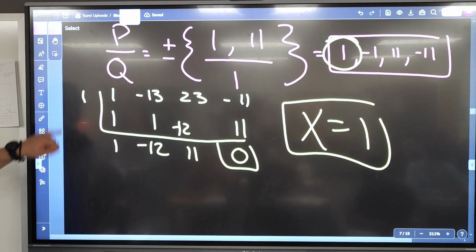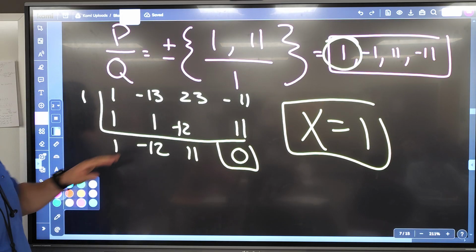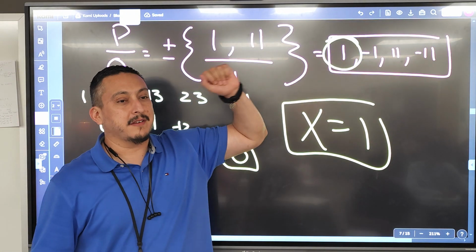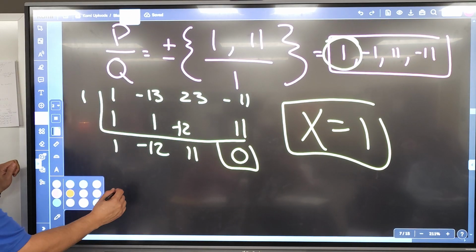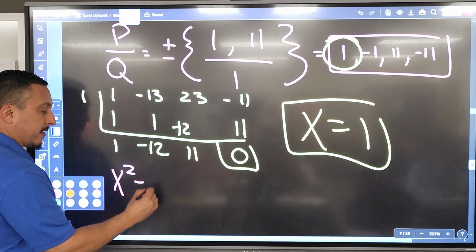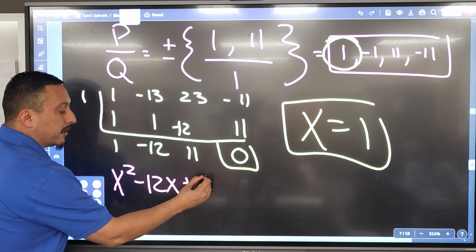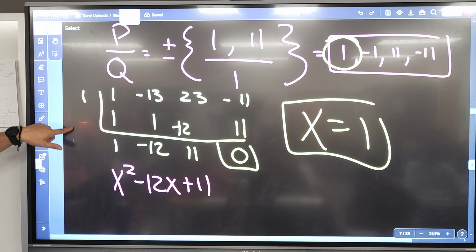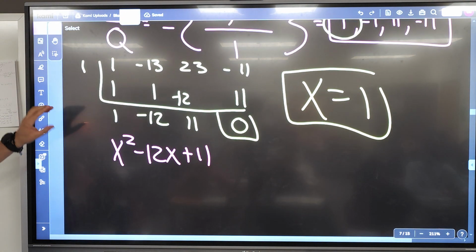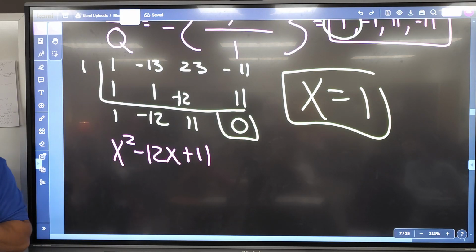From here, again, I just want to reiterate, you could just keep on dividing. Try negative 1, try 11, try negative 11. Or you could factor this. Now, I'm going to be frank with you, I had to look for an hour for problems that you get here and you factor. Those are really special, nice problems.